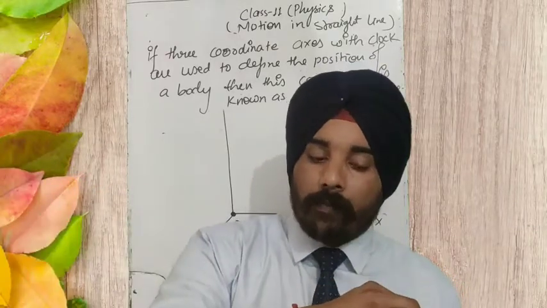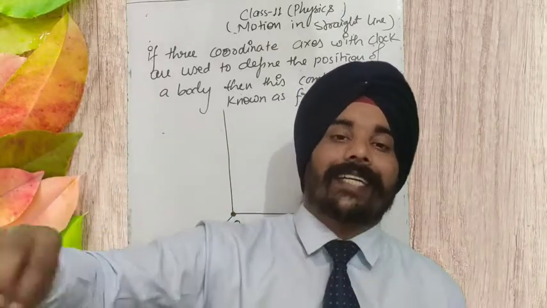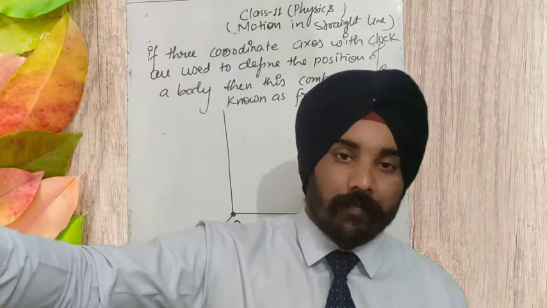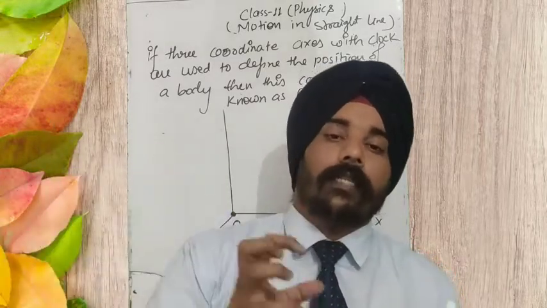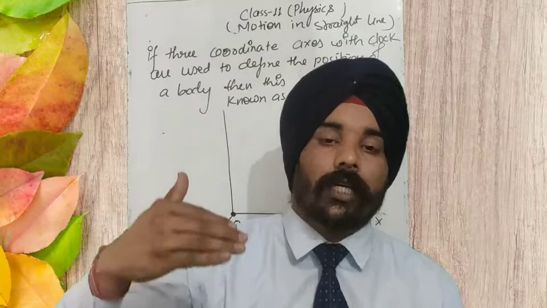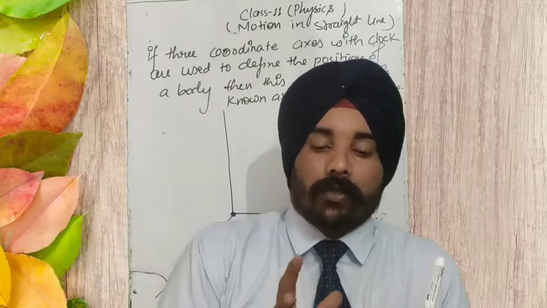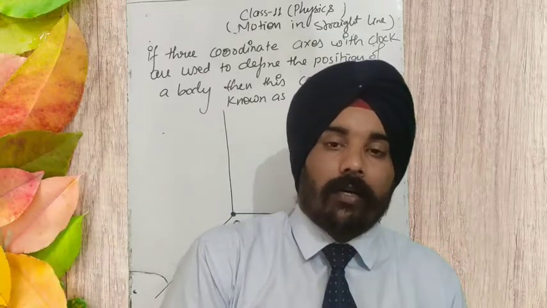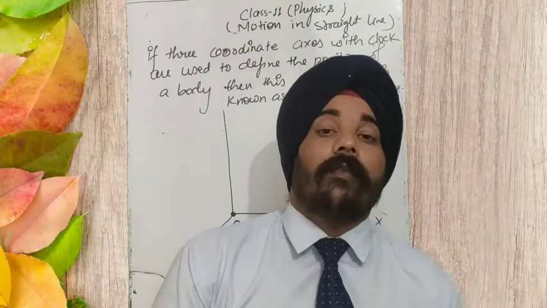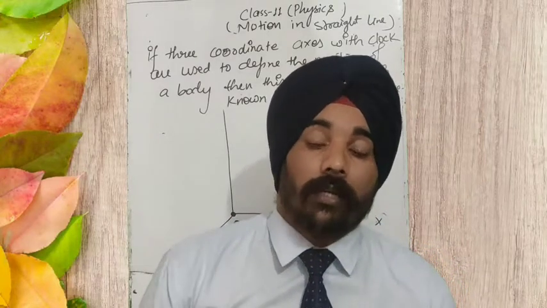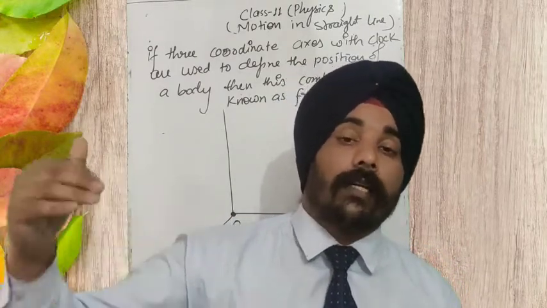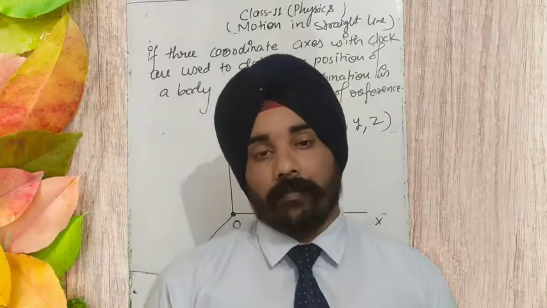The value of the x coordinate is changing. So the car is in motion, the car's position is changing with time. So that person who is standing on the road and watching the car will say that the car is in motion because the x coordinate is changing with time.